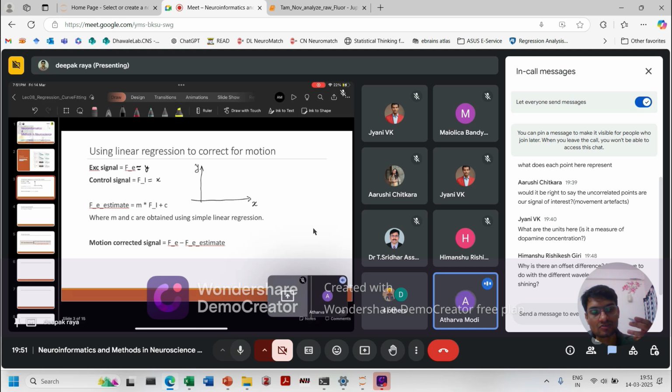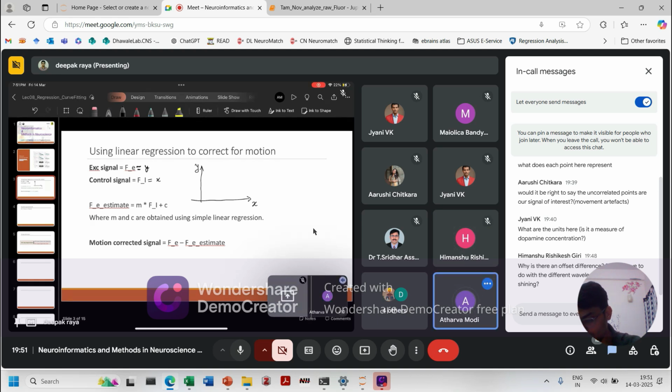So this is a calibration step that is done before every recording, where we calibrate the intensity in microwatts, basically what power of light you are shining for both wavelengths, and we try to match them such that our output signals are around the same intensity levels. So these are two reasons. I hope you got it.